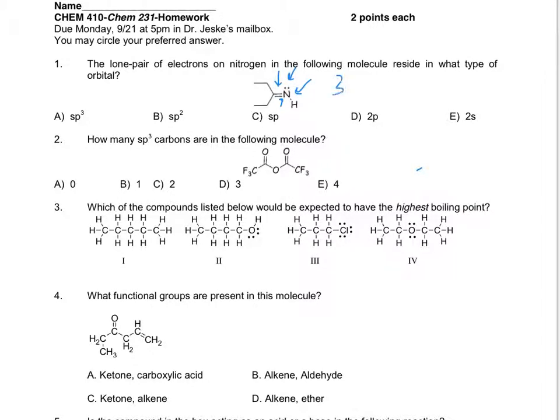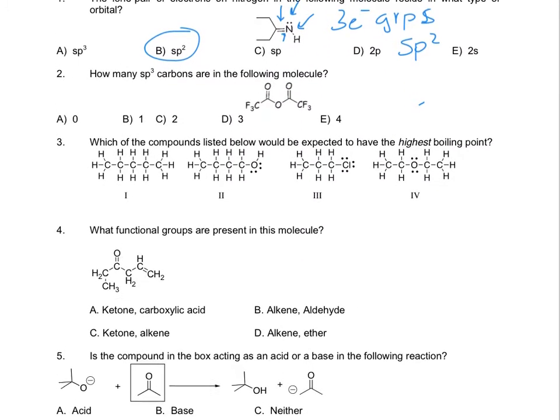So there are three electron groups here, or three regions of electrons, and so that leads us to sp2, and that's sp2 plus p. Of course, the p orbital is used to make the double bond, so B is the best choice here.